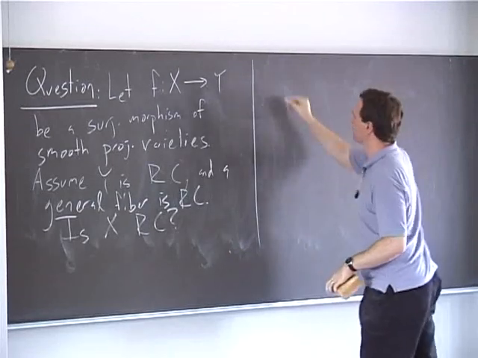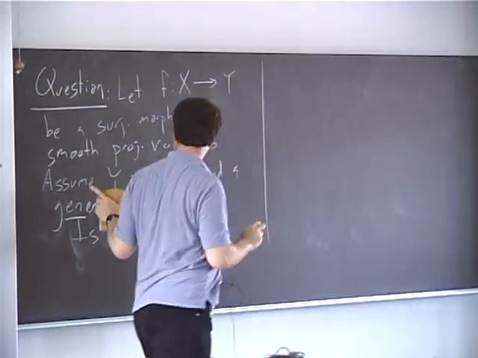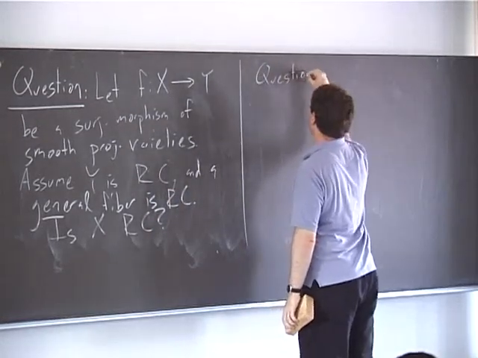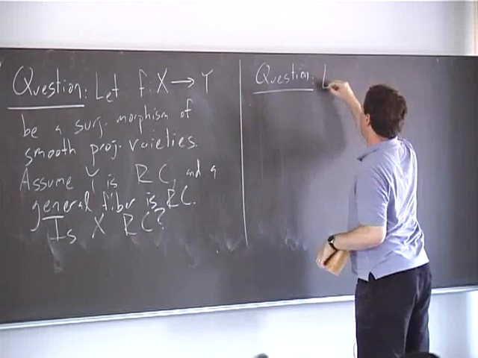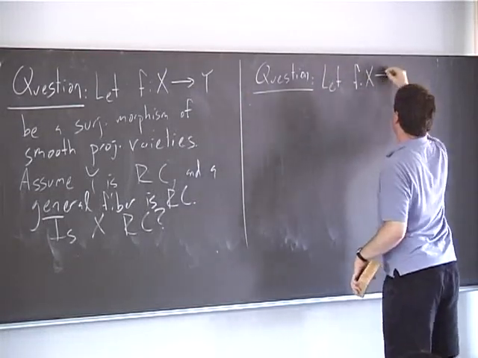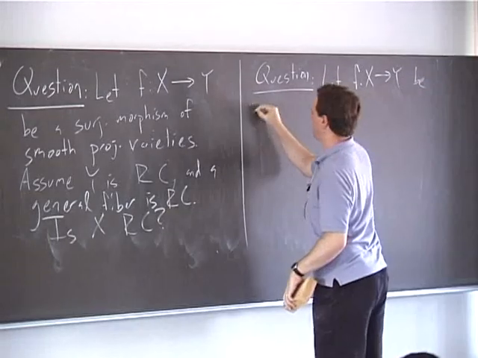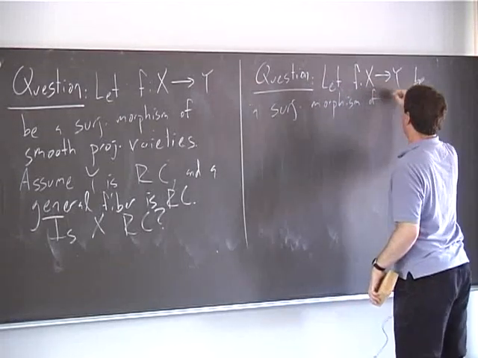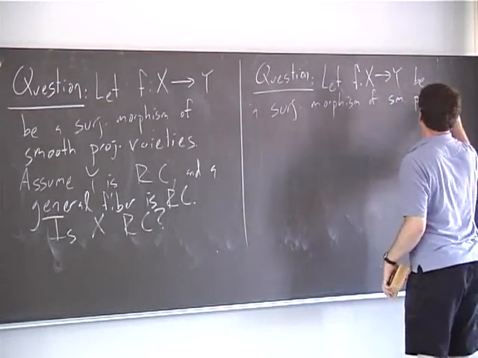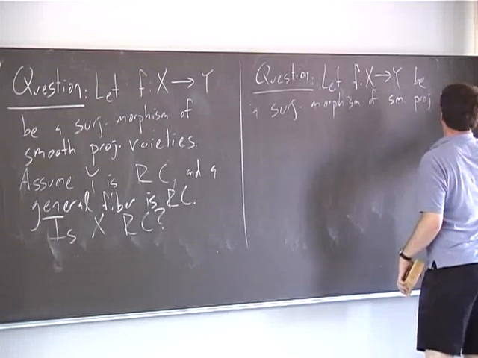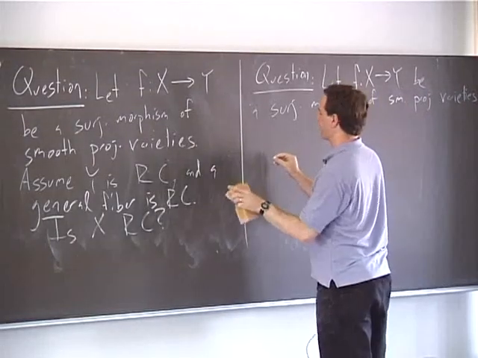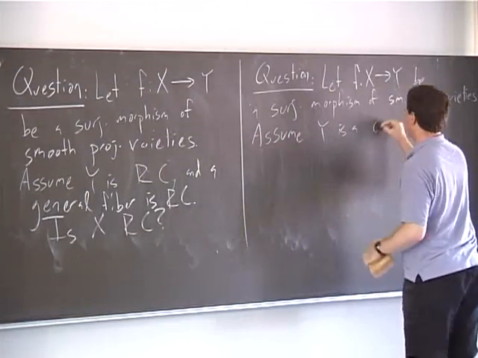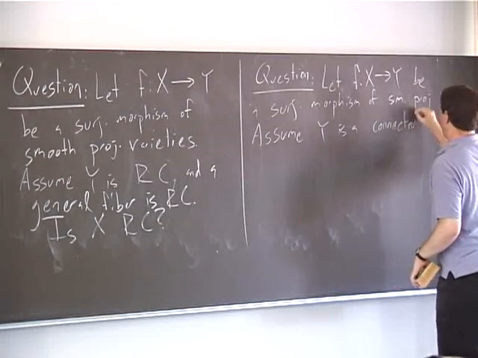Let me explain a different question that is very related to this question. So same setup. Let f be a surjective morphism of smooth projective varieties. And let's assume that Y is a connected curve.